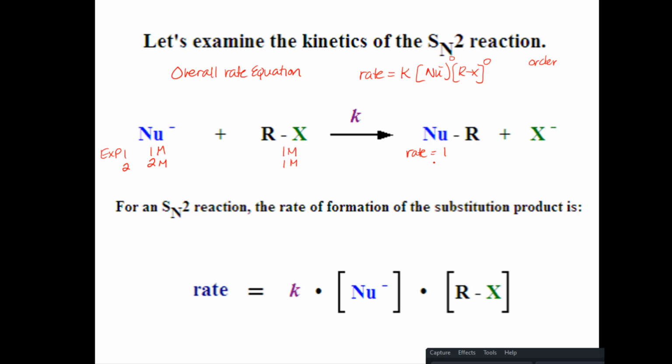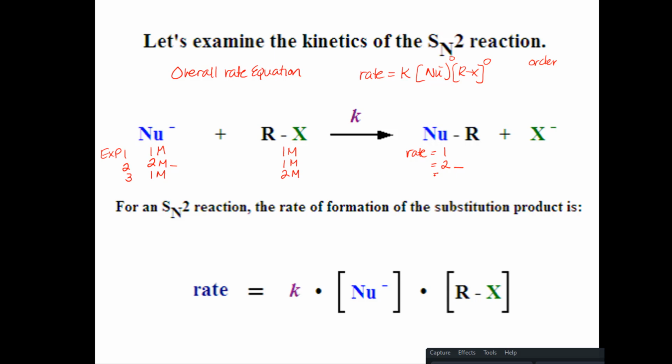In this case, the rate would double. So when I double the concentration of the nucleophile, I double the rate. Then for experiment 3, let's use 1 molar nucleophile and now 2 molar alkyl halide.